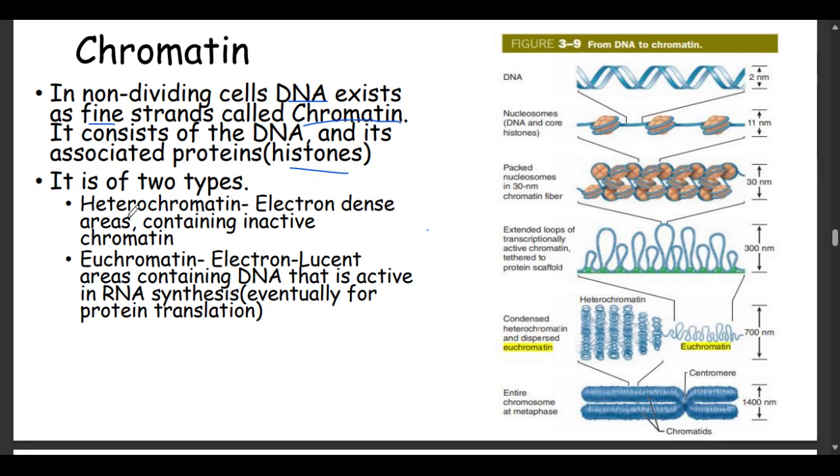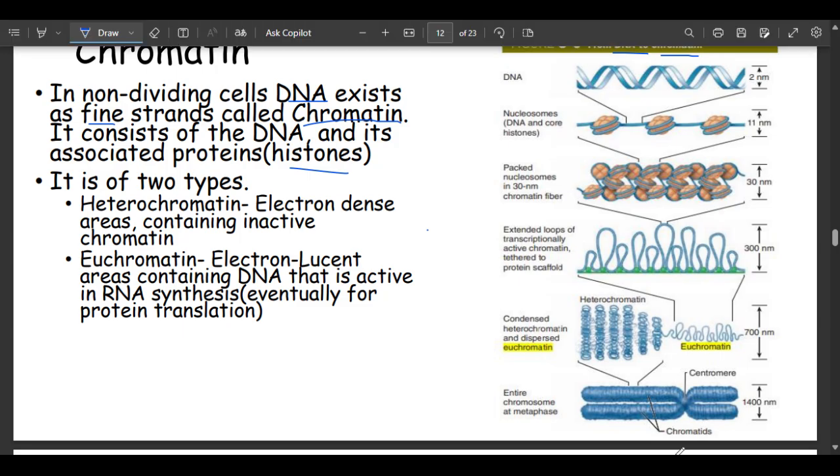So the chromatin is of two types. It has heterochromatin and euchromatin. Okay, so before we get to this, let's just explain a bit on how we have DNA moving to chromatin. How does DNA form chromatin? So DNA, we know that it's a double-stranded helix, a double helix that we usually talk about.